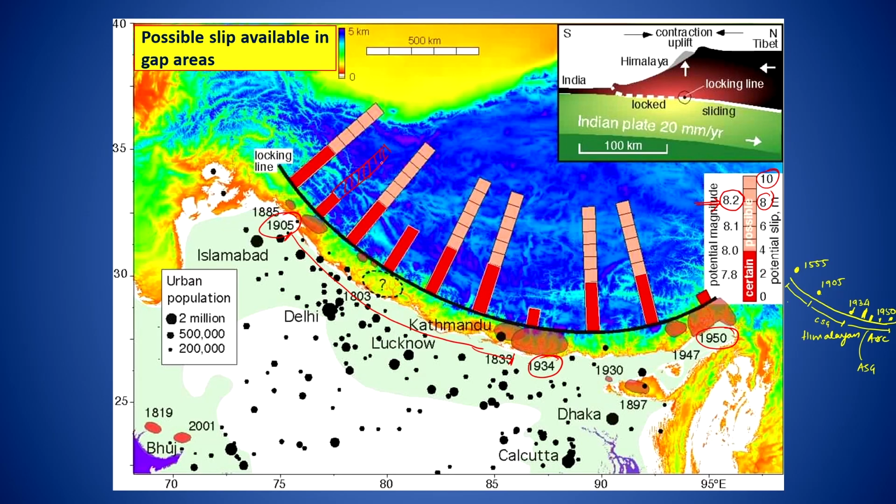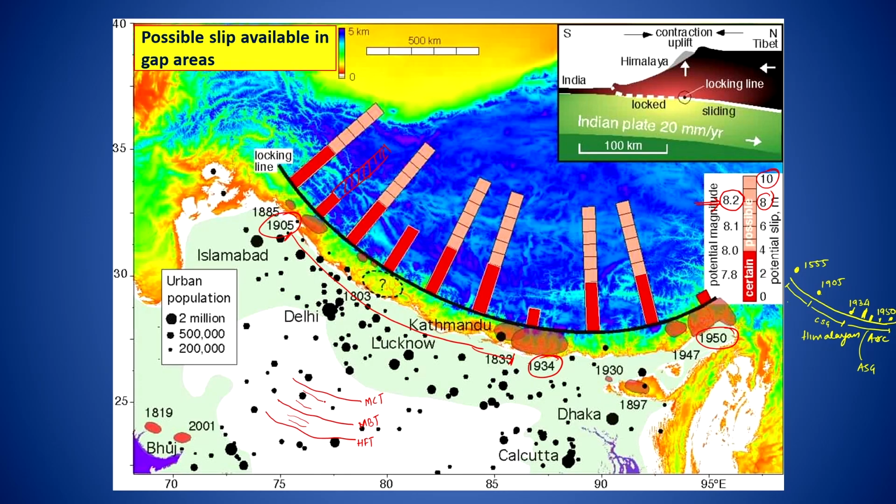So what we are trying to do is look at the plan view. You have the Himalayan frontal fault, then the main boundary thrust, MBT, and then the MCT, and of course there are splays of faults also sitting over here.